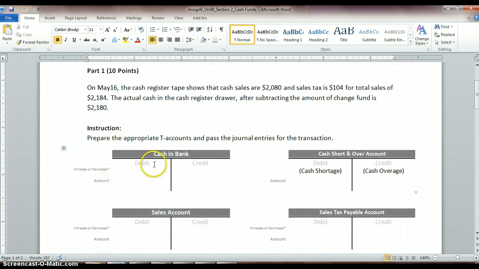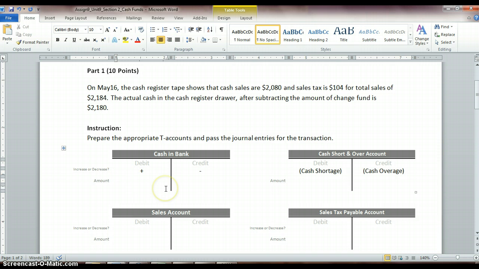So what we need to do is prepare our T accounts to show how this money is affecting different accounts. The cash that we're actually taking to the bank would be this amount here. This is what we actually have as cash, so we're going to take that amount to the bank. Since we're going to take it to the bank and increase our cash account, it's going to be recorded on our debit side.